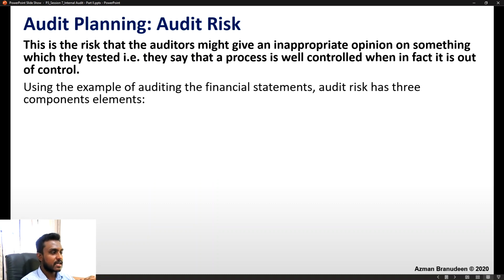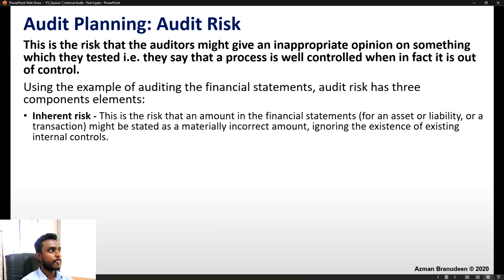If we use the example of auditing the financial statements, audit risk has three components. One is the inherent risk, which is the risk that an amount in the financial statements, it could be for an asset or liability or a transaction, might be stated as a materially incorrect amount, ignoring the existence of the internal controls. So if that inherent risk is missed, we have led to audit risk.